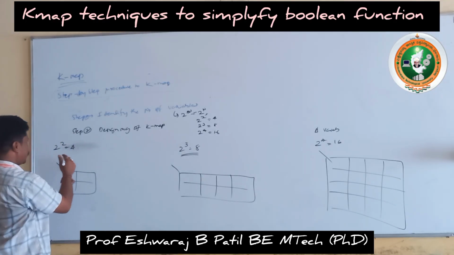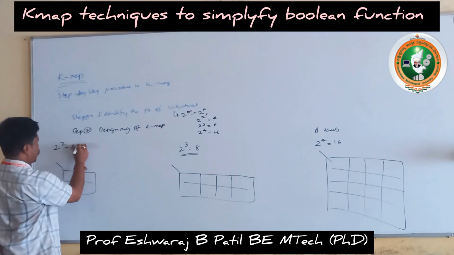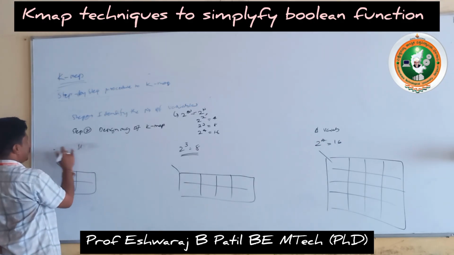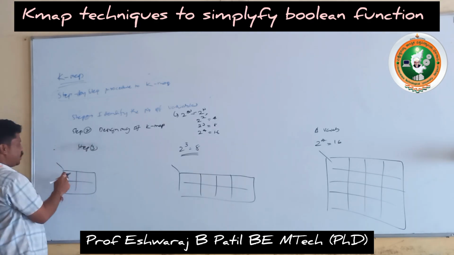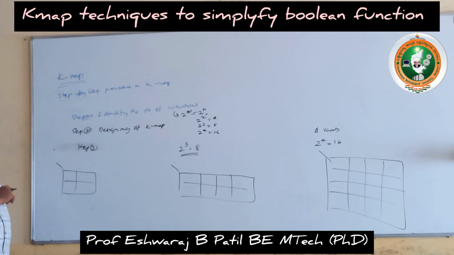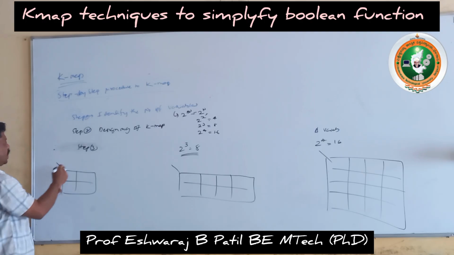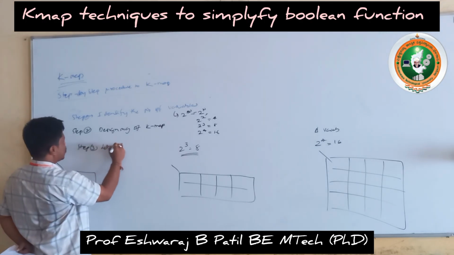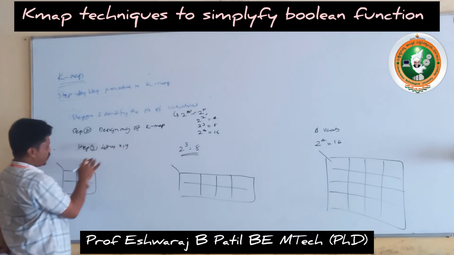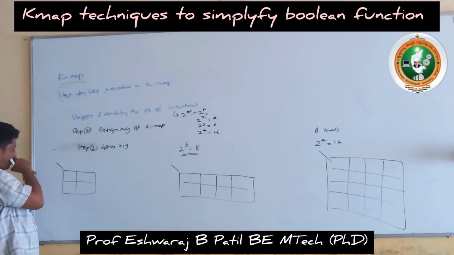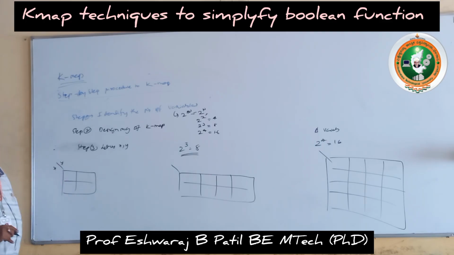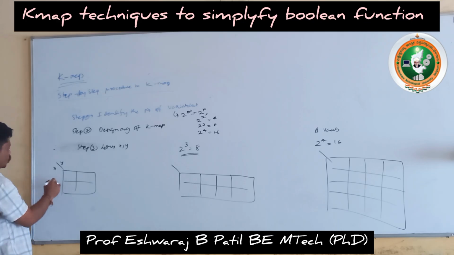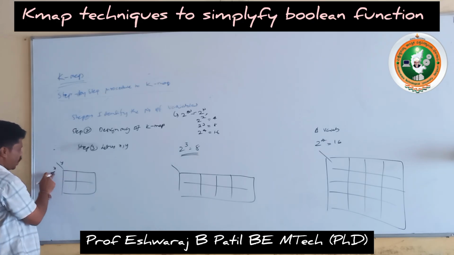Next step, step 3: divide the grid into rows and columns. Let us consider x and y are the 2 variables in my 2 variables KMAP. x is on the row side, y is on the column side. x can have 2 values.